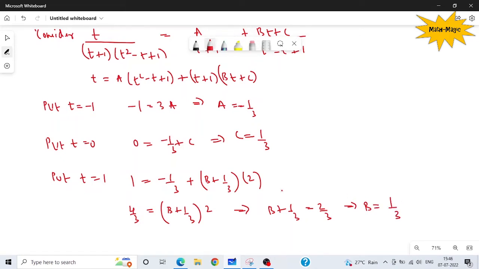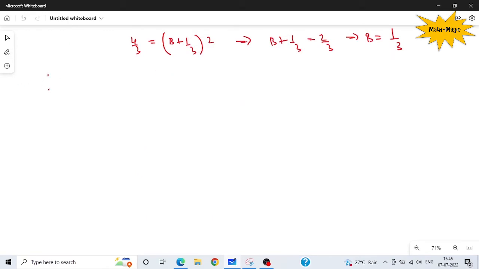Now let's substitute these values of a, b and c in equation 1. So we get the integral of t upon t plus 1 into t square minus t plus 1, dt.